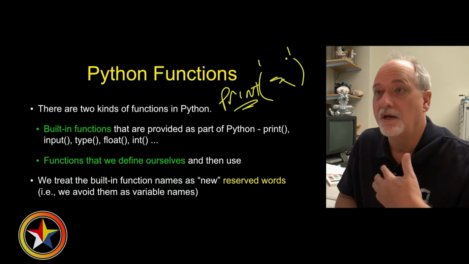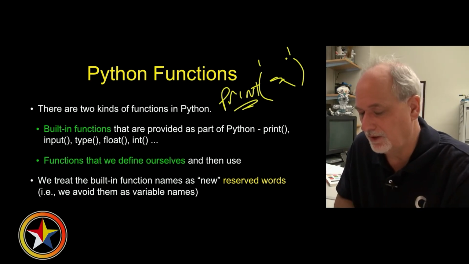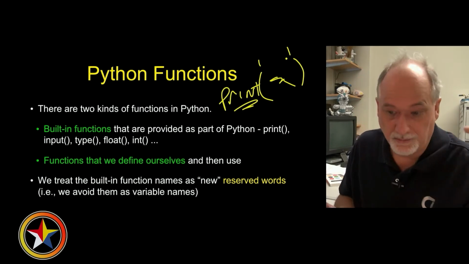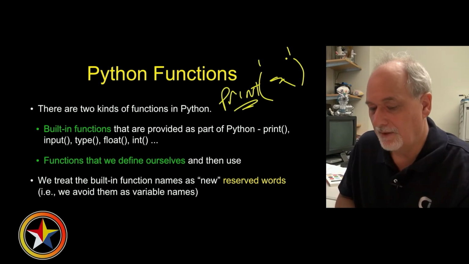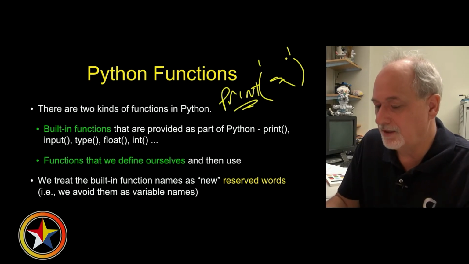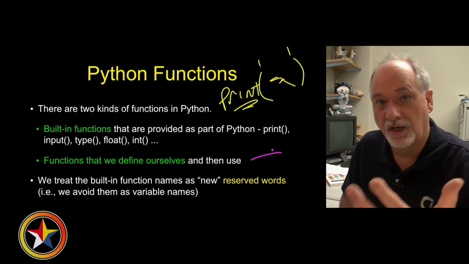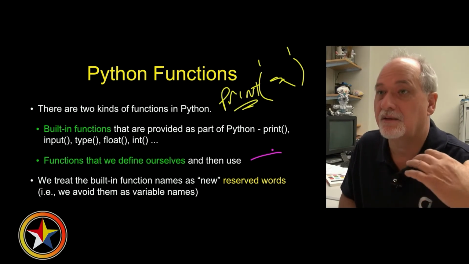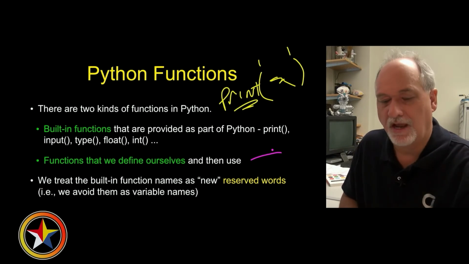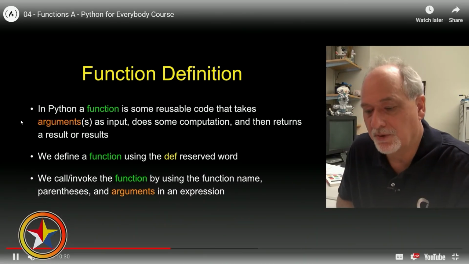All these things are built-in functions that come with Python at the moment that we started. We installed Python and these came along. And then there's other functions that we define and use, and that's what the def is for. In effect, we can create new reserved words of our own making that extend the Python language after we define the function. So it's just this bit of reusable code.